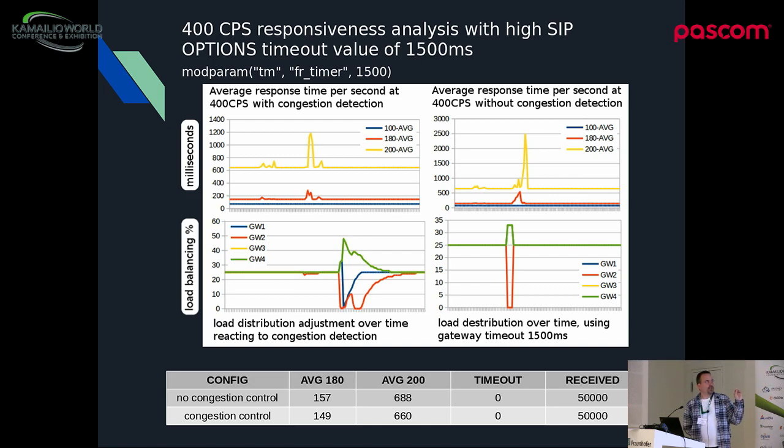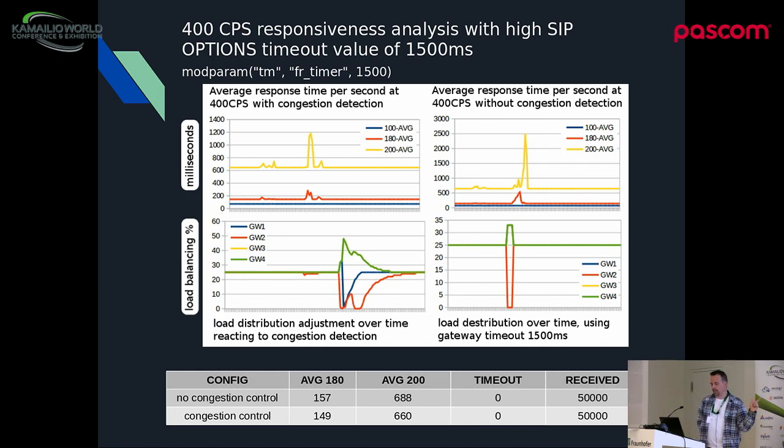The graph at the top is showing the response time per second. Each sample is 400 calls. It's the average time it took to receive a 100, a 180, because the scenario is we call and then we get a ringing and we get the answer after all. And then we also disconnect, but I'm not monitoring the disconnection.